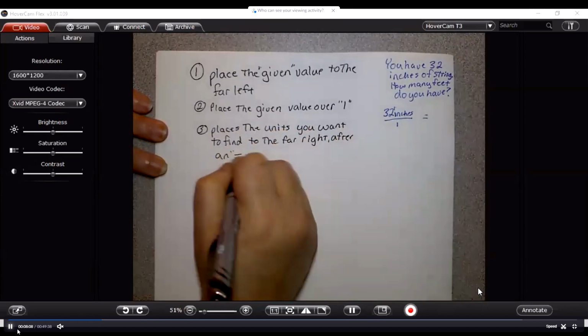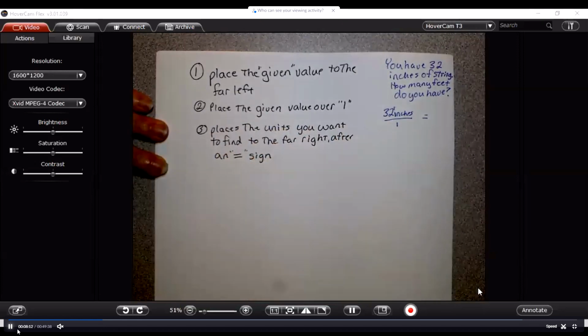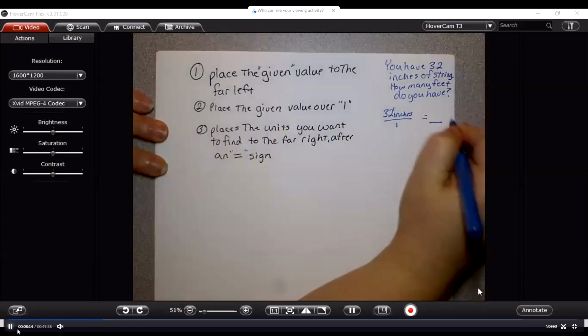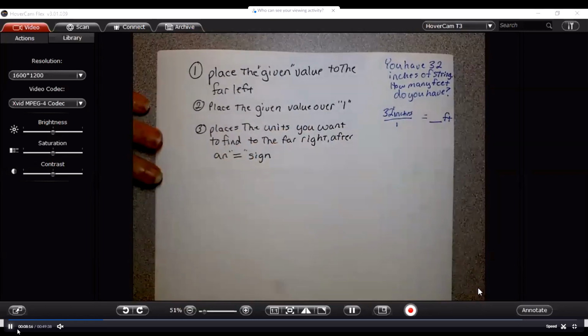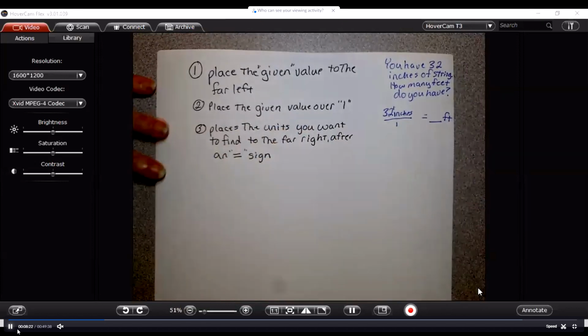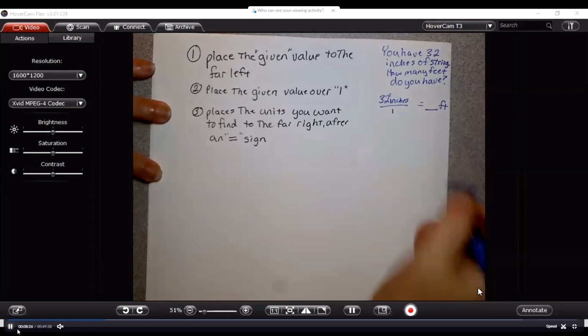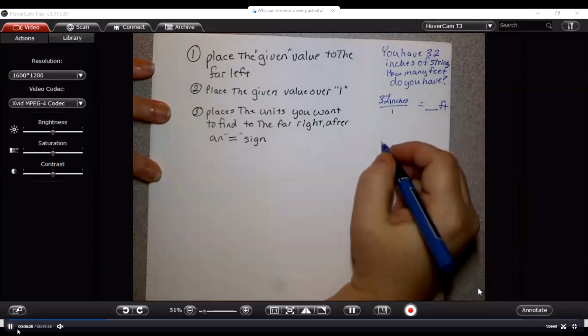Blank feet is the value we're trying to find. It goes to the right of the equals sign. Again, make sure you're writing these steps down because you're going to go through this process every time you try to convert from one factor to another.